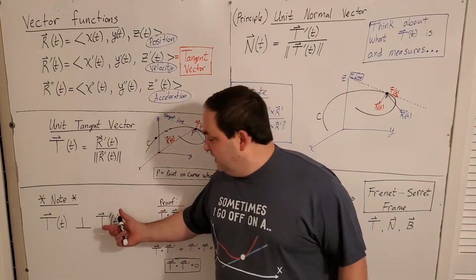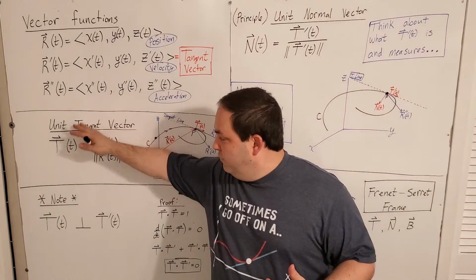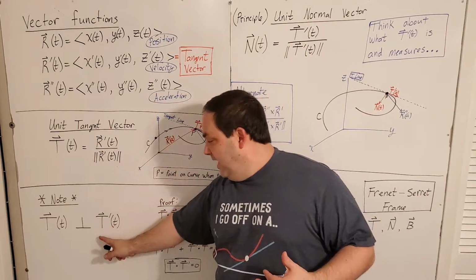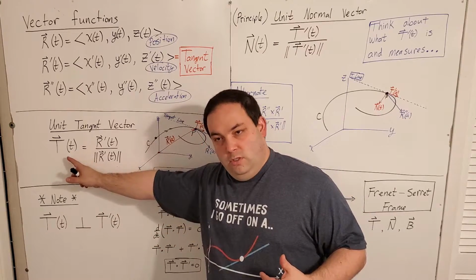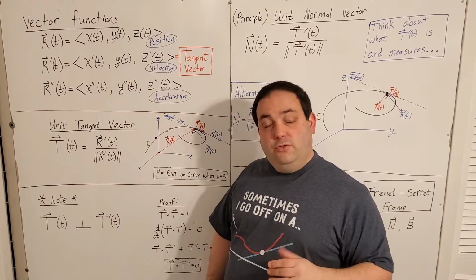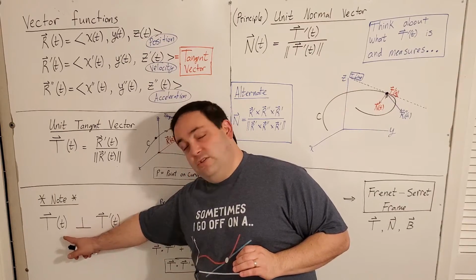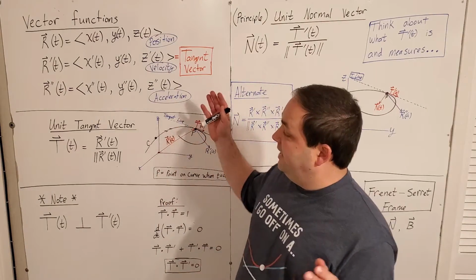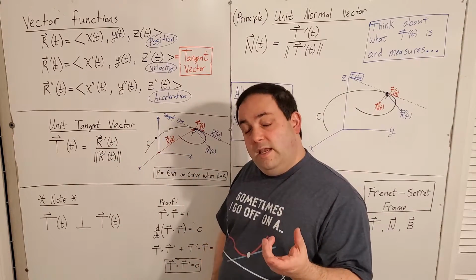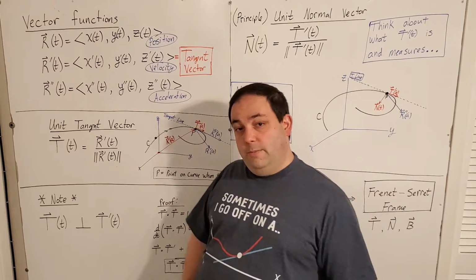Okay, so what does this mean for us? It means that now that I have moved into the unit tangent vector world, taking a derivative of this unit tangent vector will give me a normal vector direction, because it will be orthogonal to the original unit tangent vector. So by taking away the size, making this a unit tangent vector, it empowers my derivative to give me the normal direction that I'm interested in.